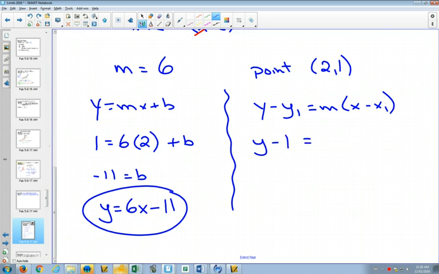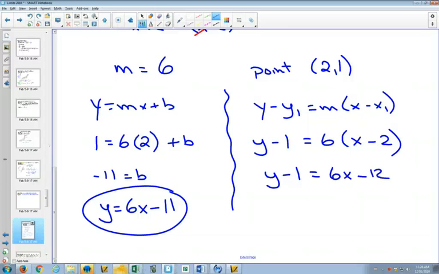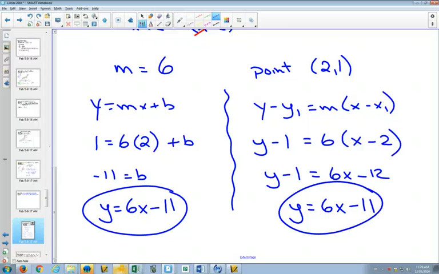Y minus 1 equals 6 times x minus 2. You distribute the 6, add the 1 on both sides, you get the exact same equation. So you can use either one. Just something I want to point out.